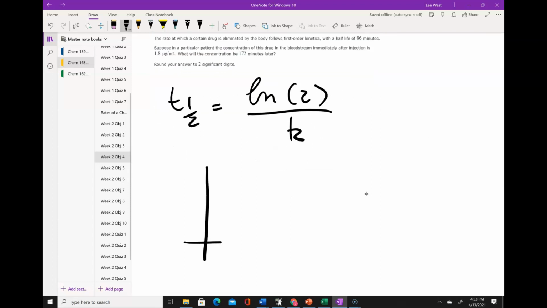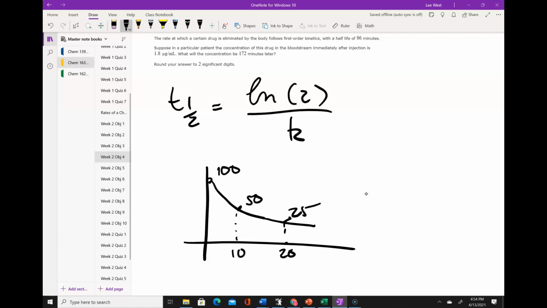So what that means is if I start with 100% of something, and then here I've got 50%, and then down here I've got 25, and so on, the amount of time that it takes to halve every time, say 10 seconds, is the same.